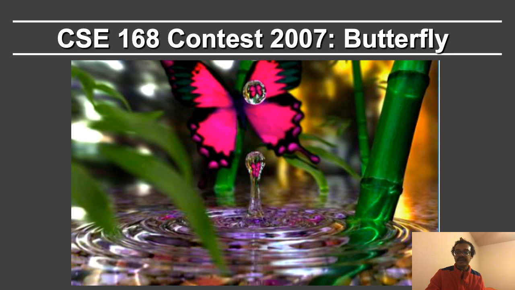Here is an example again from the 2007 CSE 168 contest with this beautiful butterfly scene where you're also modeling the reflections of the droplets of water, the scattering of light in the droplets of water, depth of field effects in the foliage, producing a very highly realistic computer-generated image. Over the course of CSE 168, we will develop a full path tracer with multiple importance sampling that will enable you to create images like this.